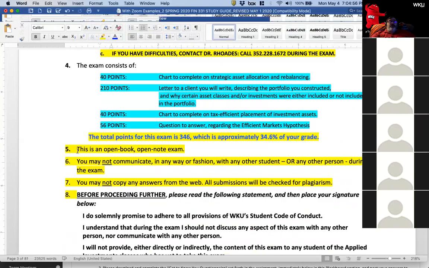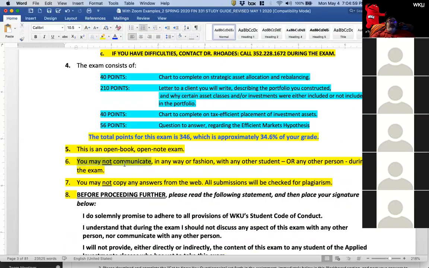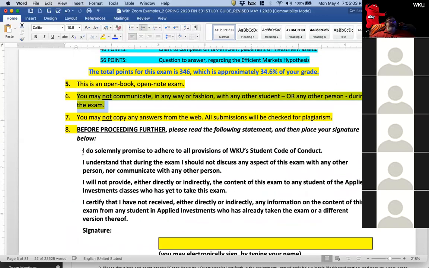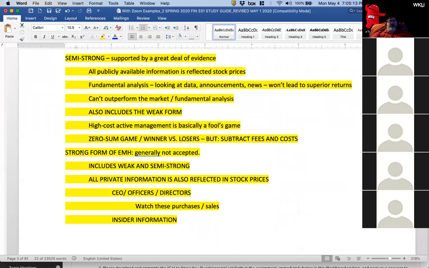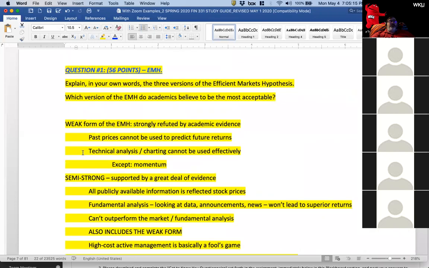It's open book, open note, but please don't communicate with anybody else during the exam, and don't just copy answers from the web or other documents. I am going to check things for plagiarism, so I'd like the answers to be in your own words. You probably won't need any of these terms, although certainly the terms are there.